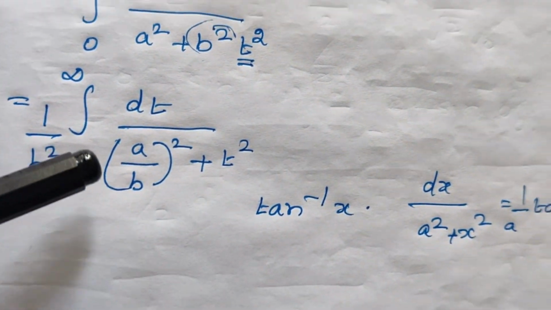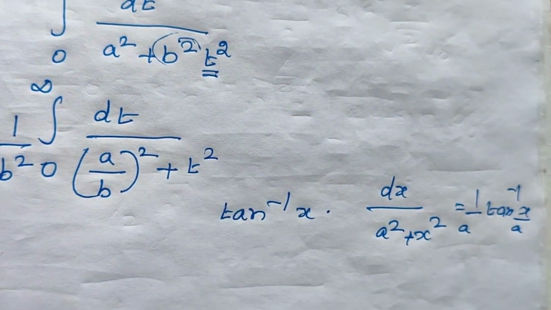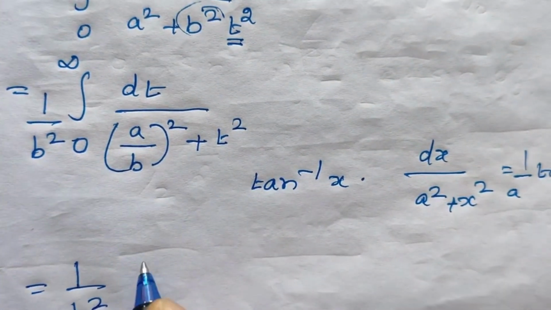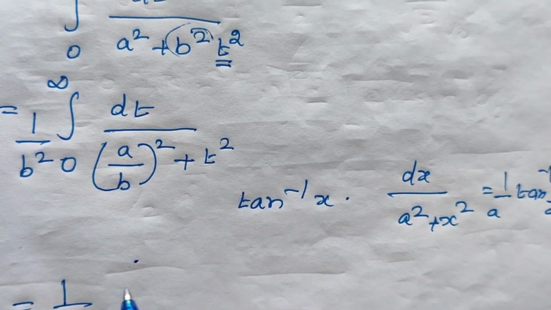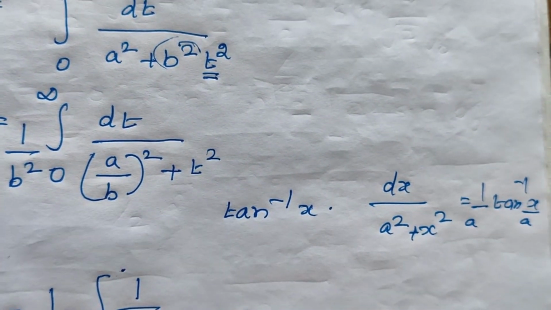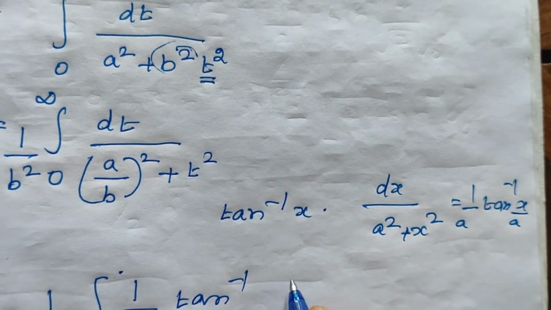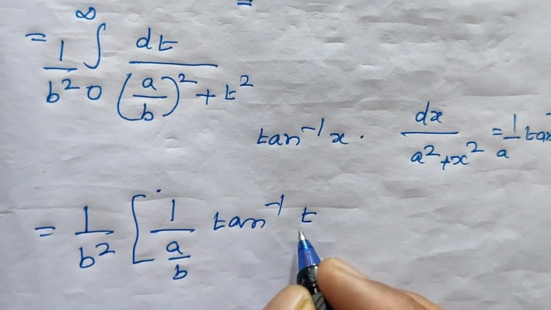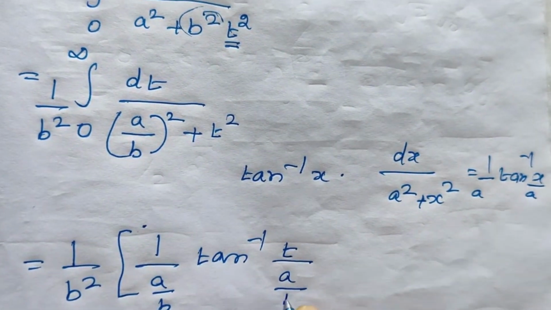In the place of a we have a by b, and in the place of x we have t. Therefore it is equal to 1 by b square, then 1 by a by b, tan inverse of t by a by b.